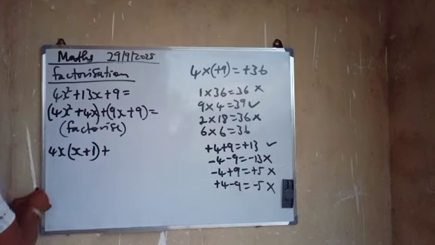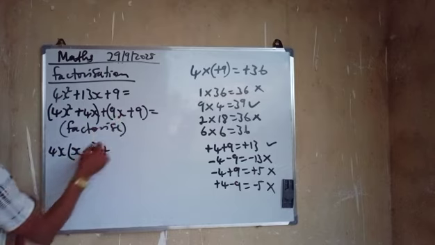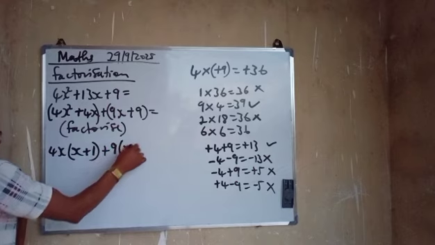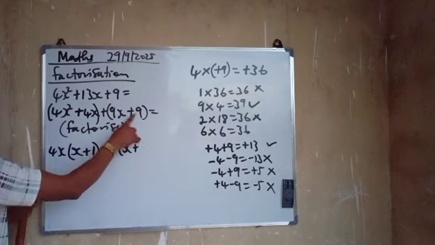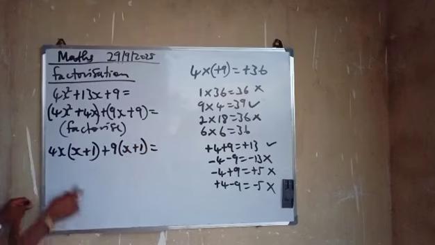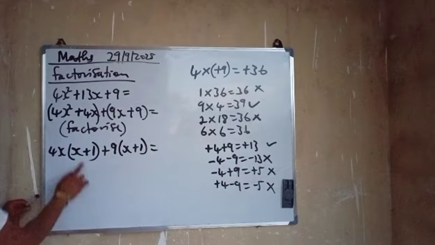Then here we have 9, we pick 9. If you pick 9, x remains. Plus, if you pick 9, nothing remains except 1. Then in picking the factors, we have x plus 1 as the common bracket, we just collect x plus 1.